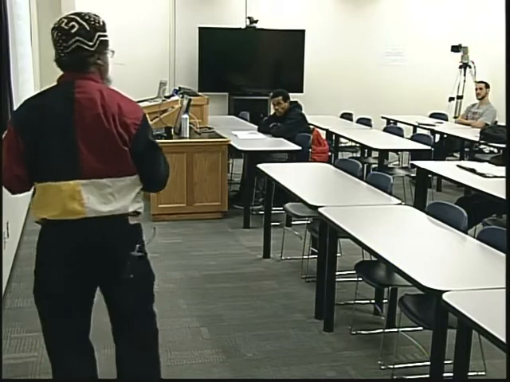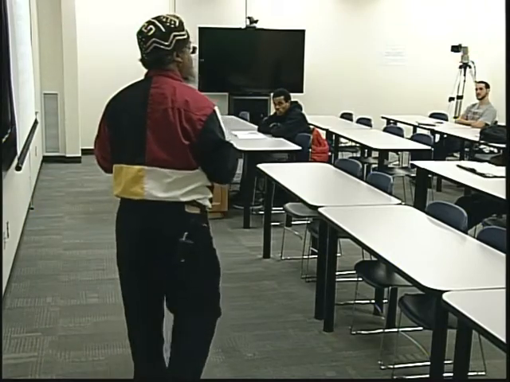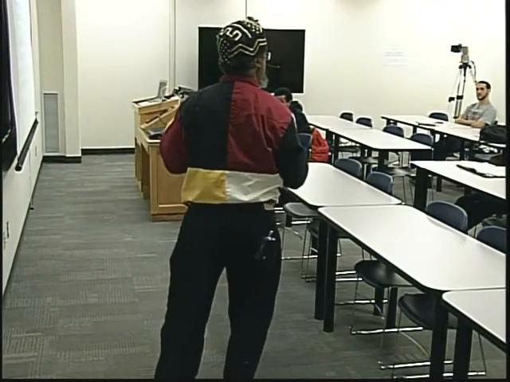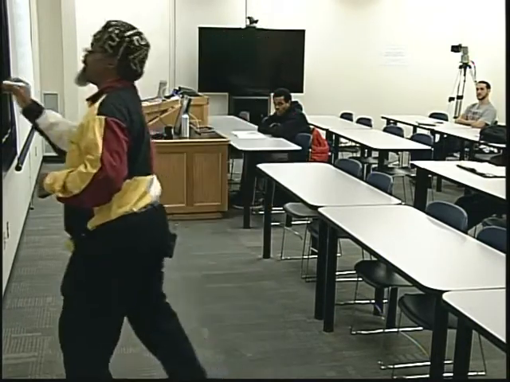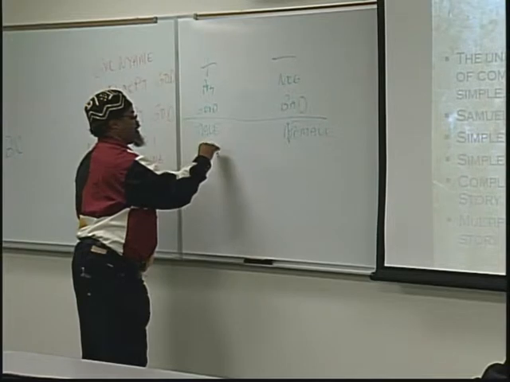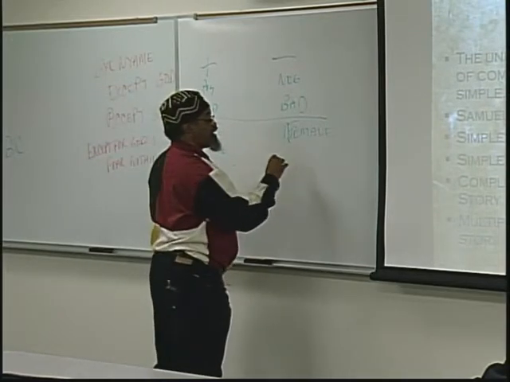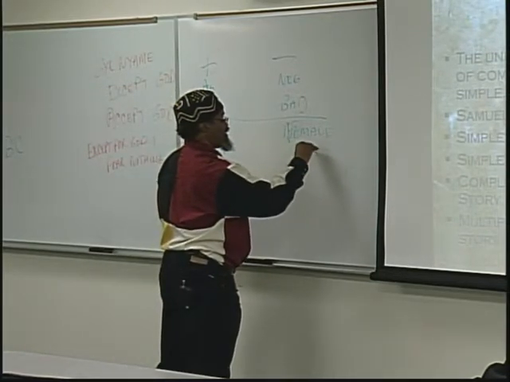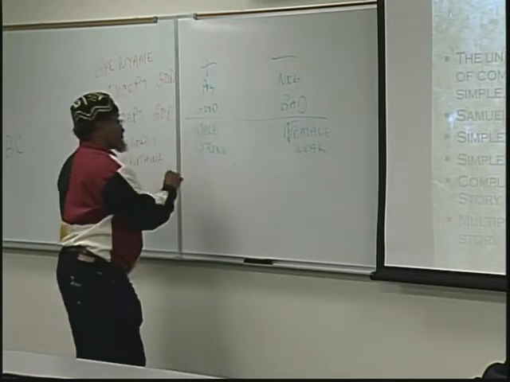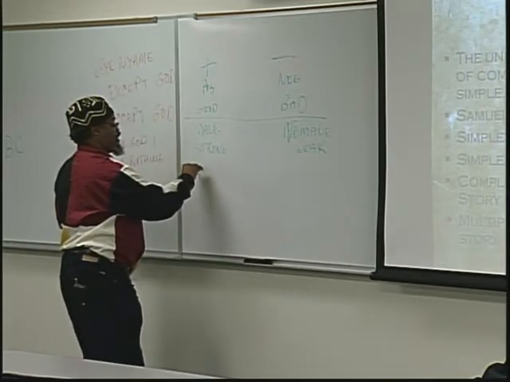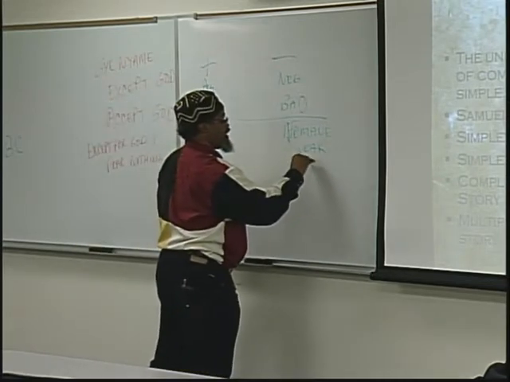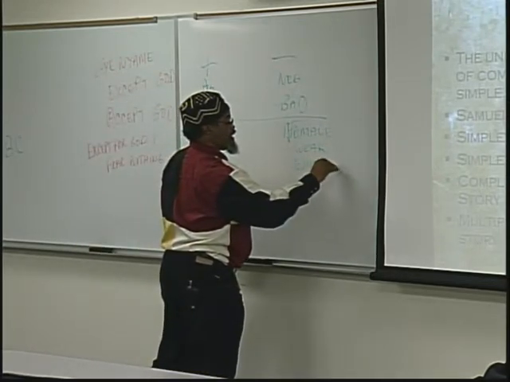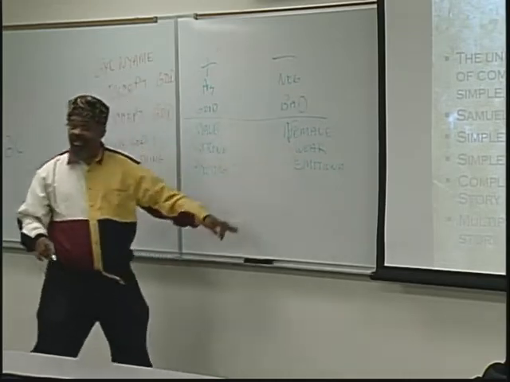If you're going to talk about strength, how does it line up? Who's strong? Who's weak? Rational? You see how this lines up now?